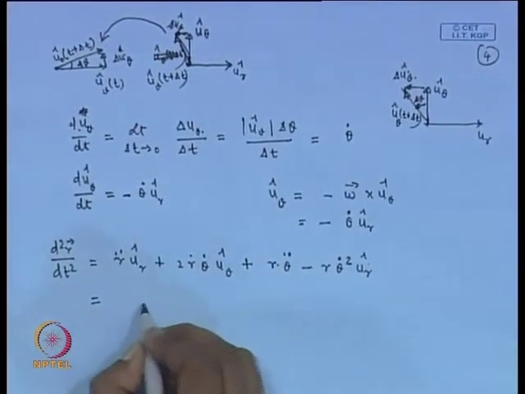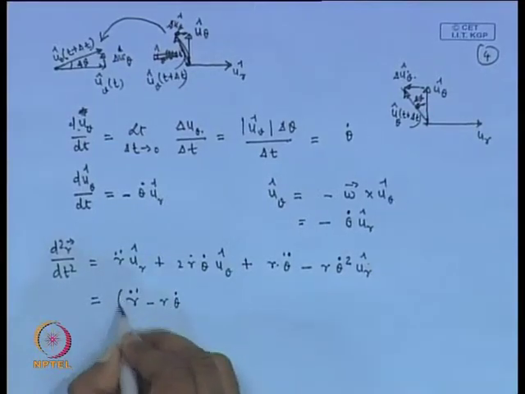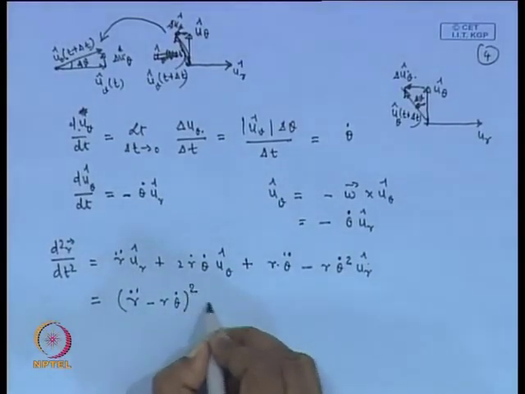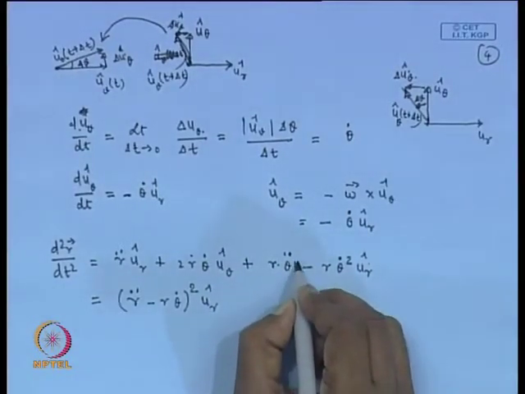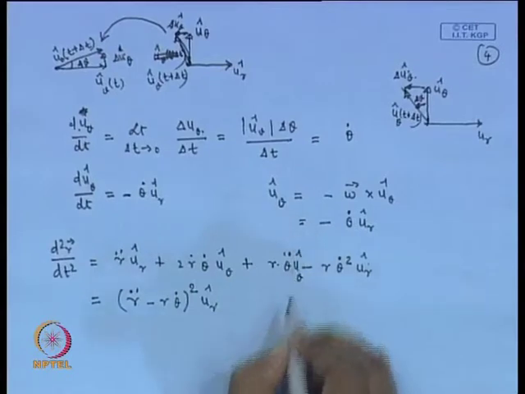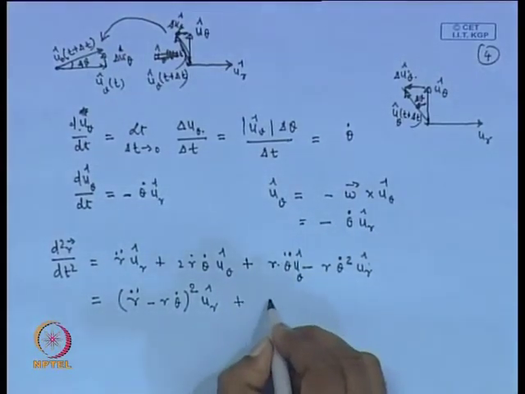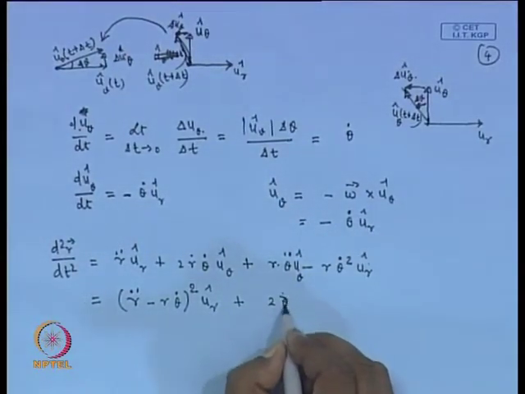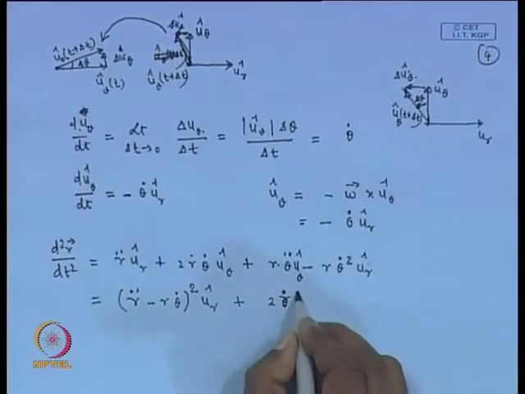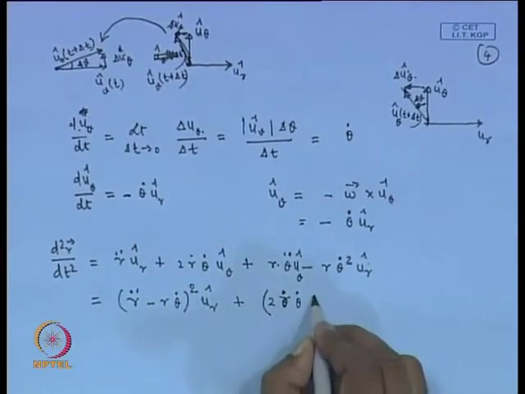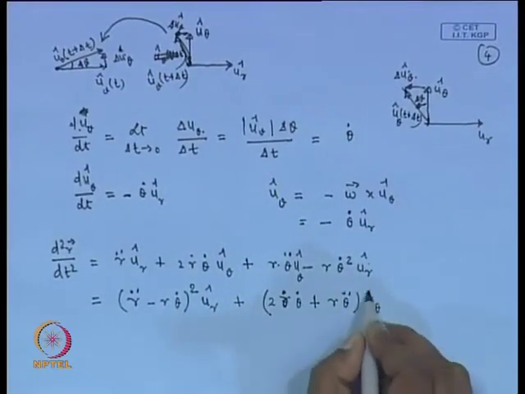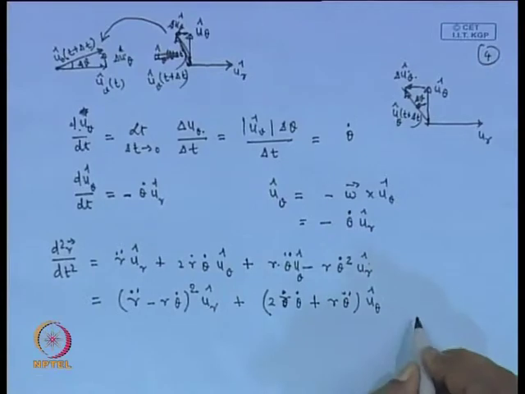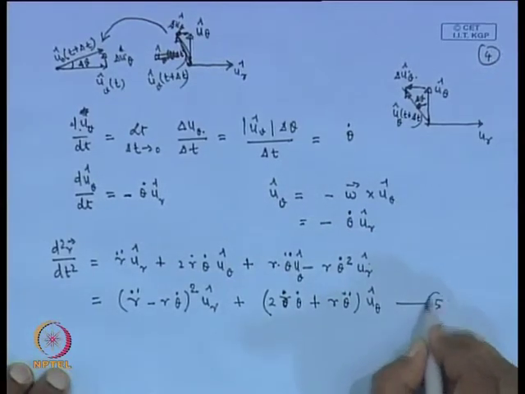Now, collecting similar terms together, this gives us u r cap, and here we have missed out u theta. So, we can insert here u theta cap. So, this becomes 2 r dot times theta dot plus r times theta double dot u theta cap. Okay. This is our equation number 5.